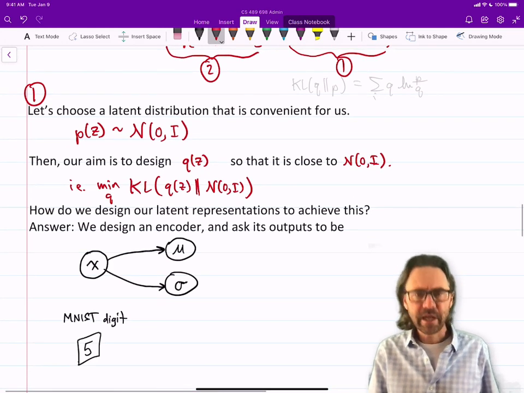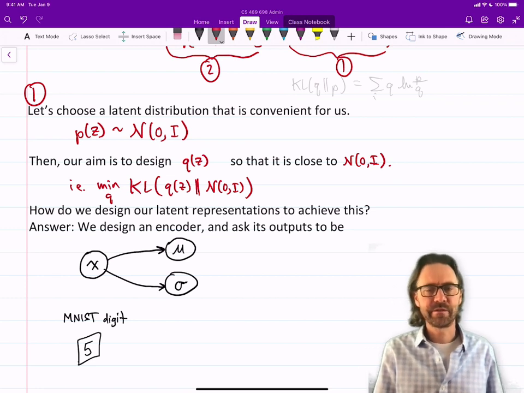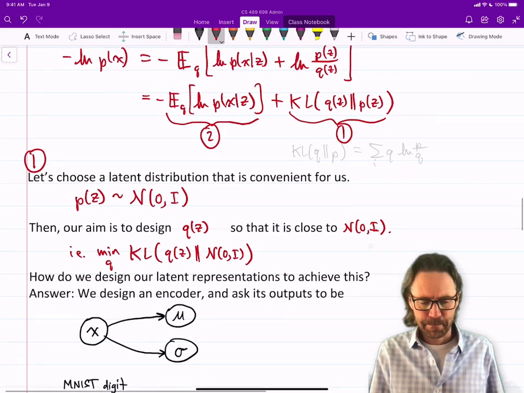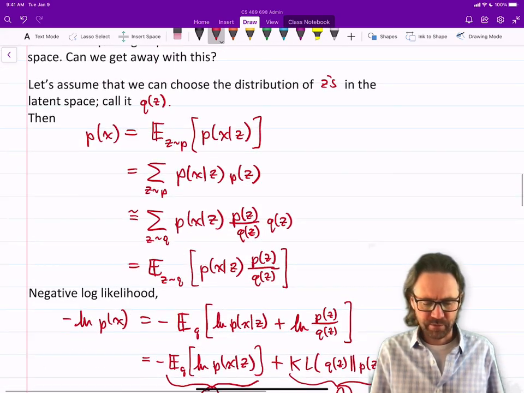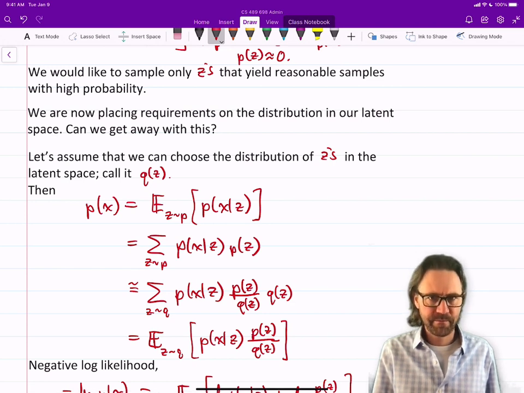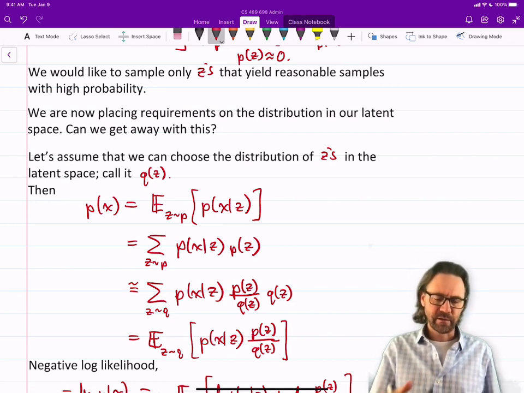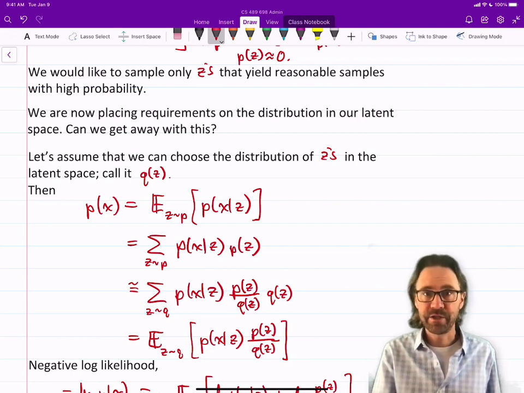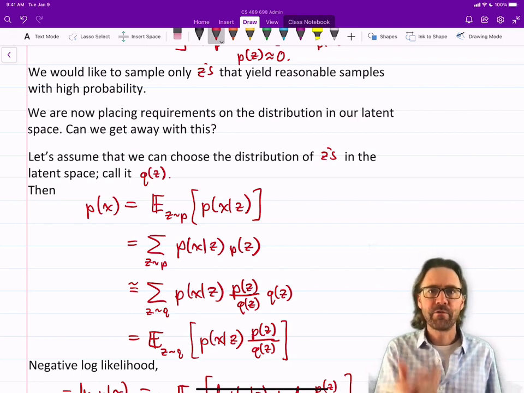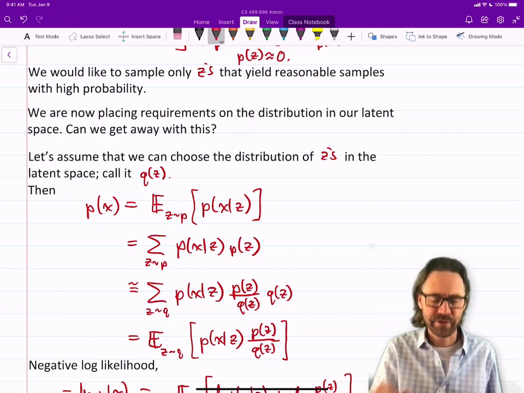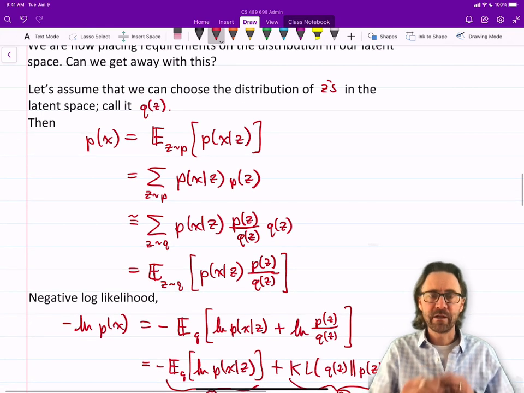So how do we design our latent representations to achieve this? Let me remind you, the problem is we don't know how to sample Z, right? We want to generate new MNIST digits or new samples. But in order to do that, we have to know something about our latent distribution. So we've made some progress.